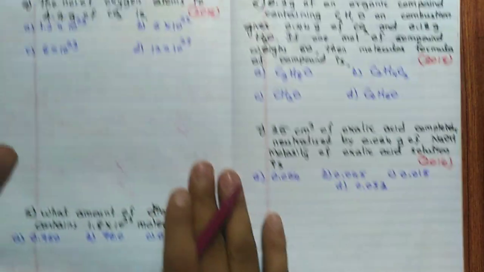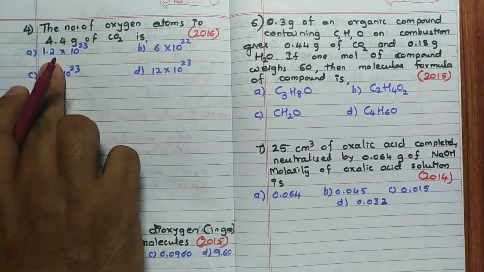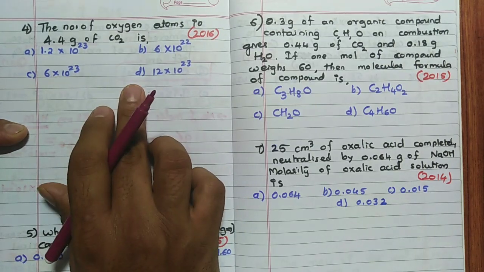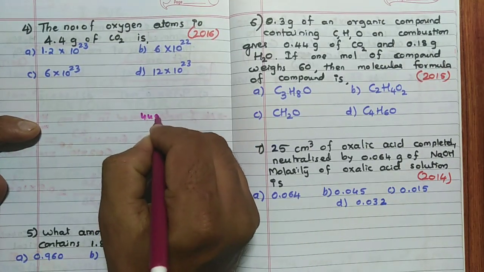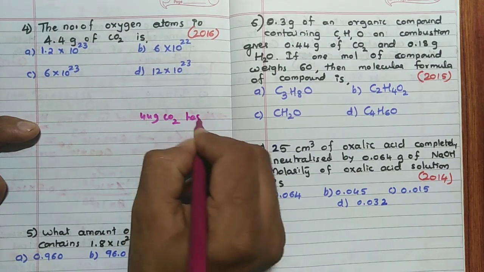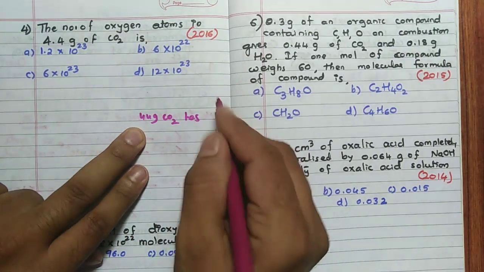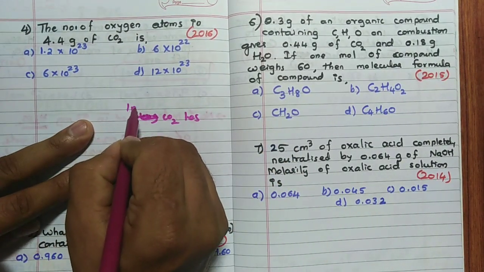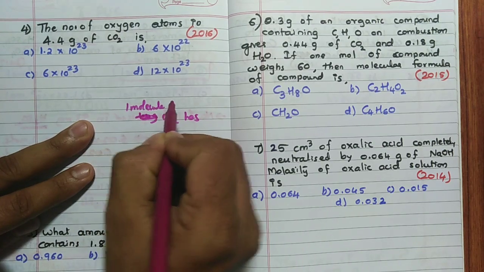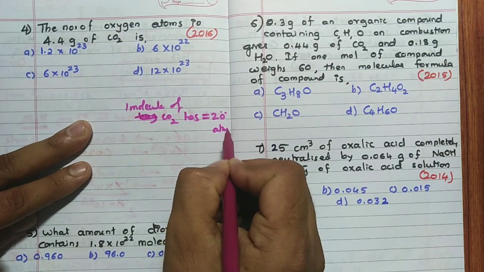Correct? So next we will see the number of oxygen atoms in 4.4 grams of CO2. Very simple. You have to think of the basics. We know that 44 gram of CO2, remember, first, one molecule of CO2 has 2 oxygen atoms. Correct?